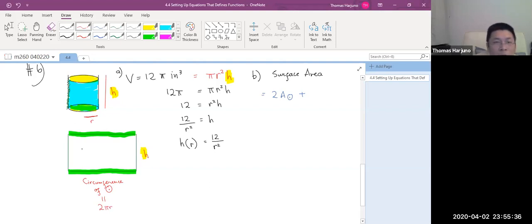So the area of this rectangle will be 2 pi r h.